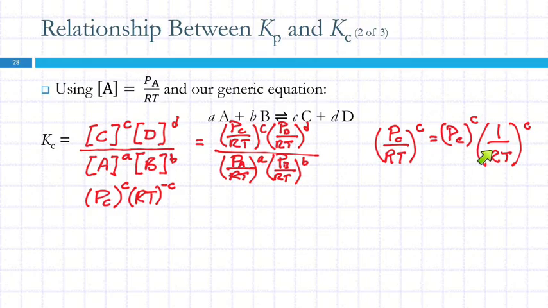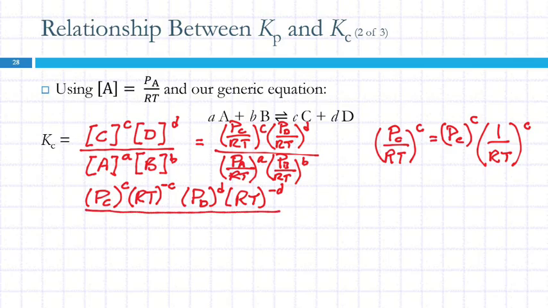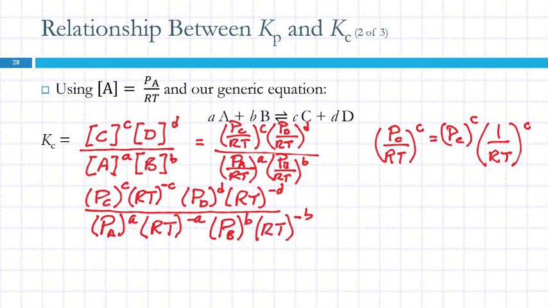Instead of having this fraction, I'm going to use a negative exponent here because it makes everything a little easier to look at. So then next would be PD to the D power times RT to the negative D, divided by PA to the A power times RT to the negative A, times PB to the B power times RT to the negative B.